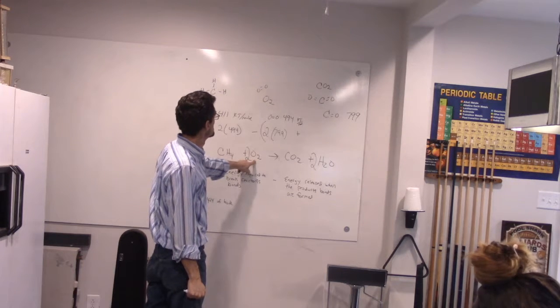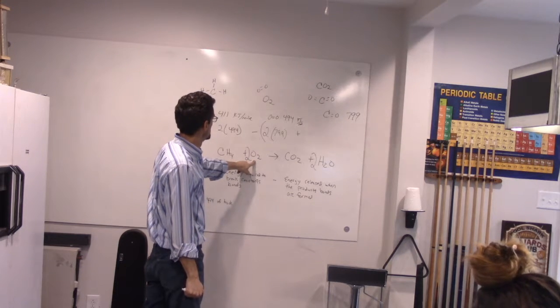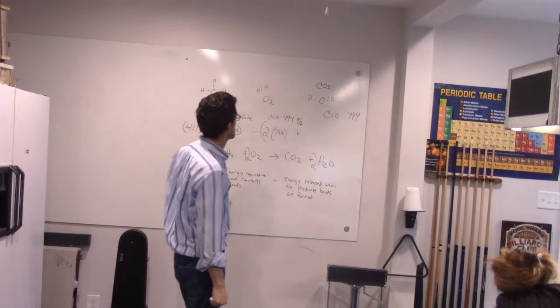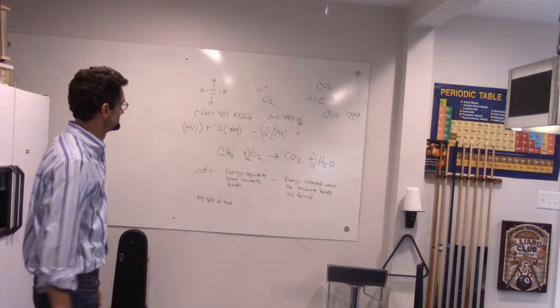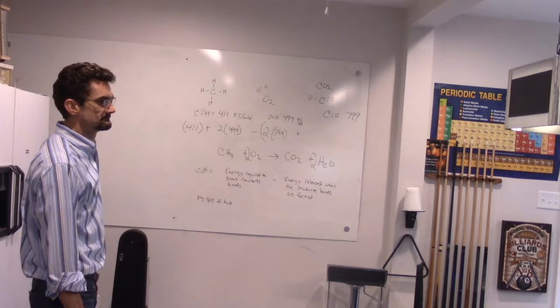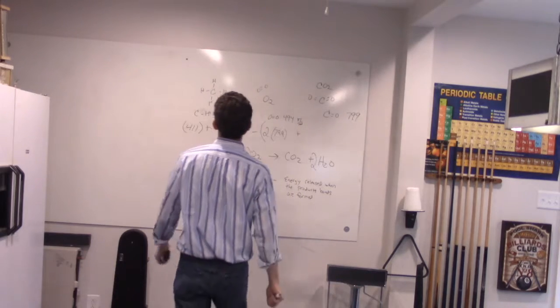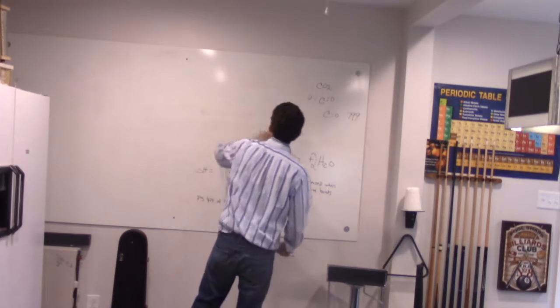Double bond O is 494. This is so messy. Can we just erase it all and do it all over?